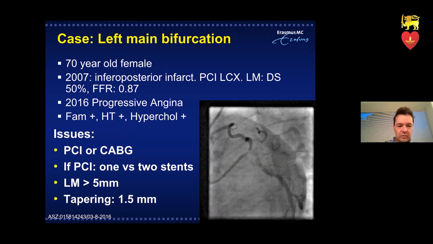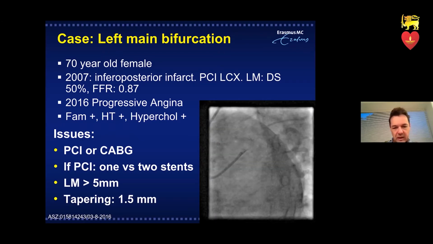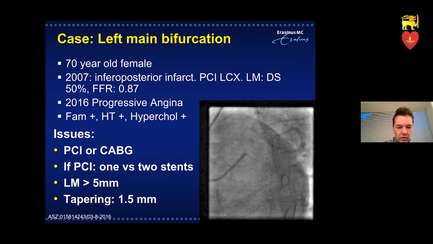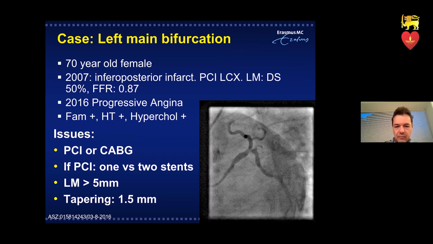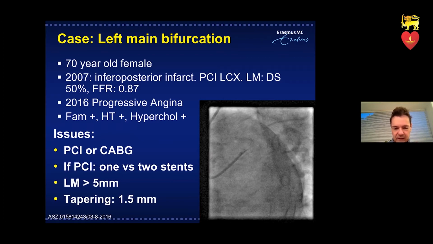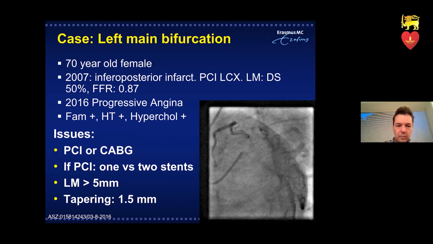The question is, we can discuss shortly PCI or CABG for this patient who's 70 years old, for left main, 1 or 2 stents, left main diameter potentially larger than 5 millimeters, and a large tapering from left main to LAD, which is in my opinion close to 1.5 millimeters.